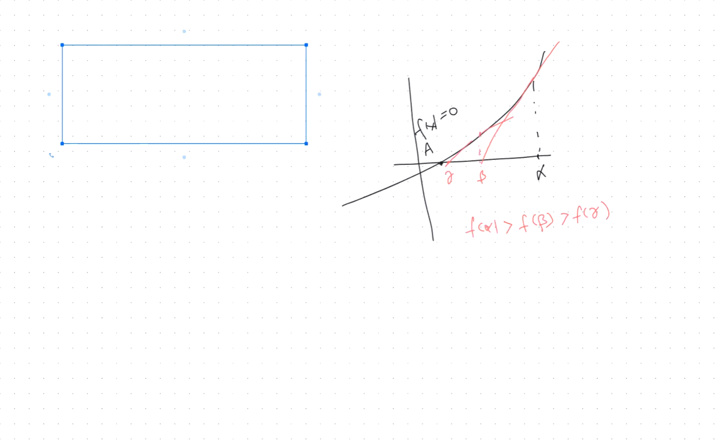Now let's see how we are going to do this mathematically. Let's start with the first step, finding beta. I'm going to erase everything here.